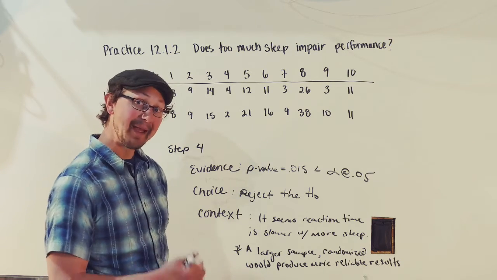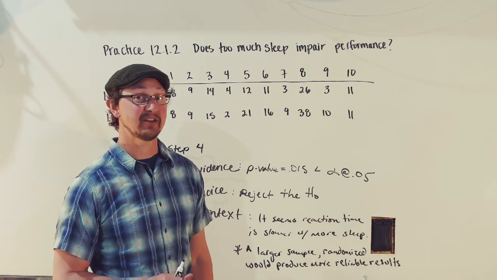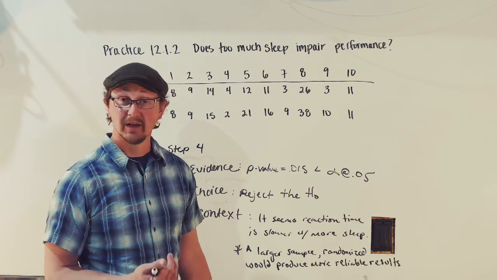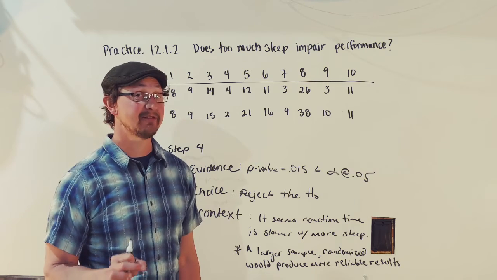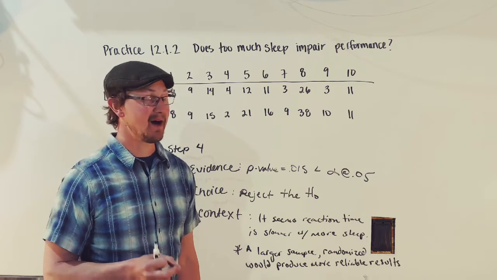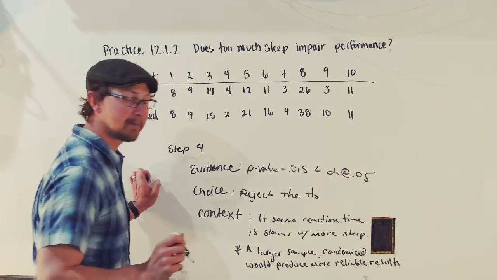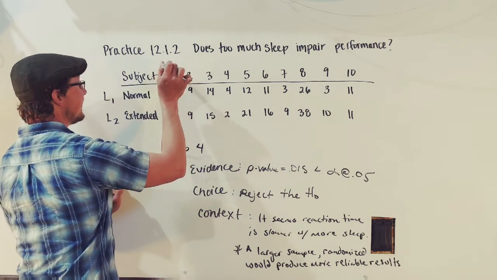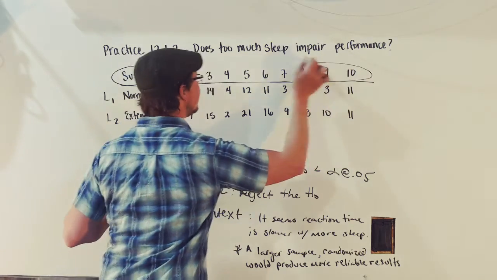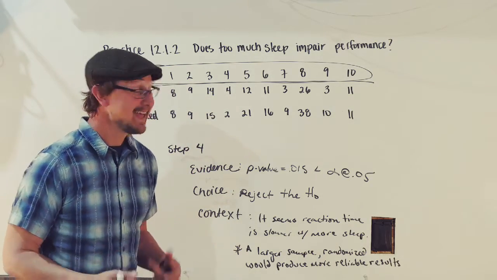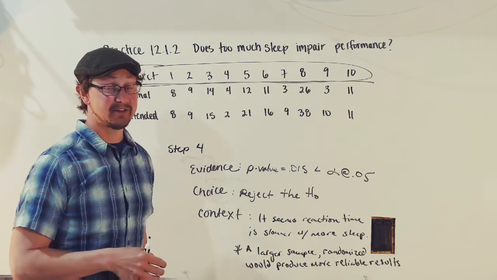All right, so there it is, a paired test. Pay attention to what data you put into L1 and L2 and which way we're subtracting and how that affects your alternative hypothesis. As an aside, however, I've seen this before in the past. The subjects, this stuff right here, subject 1, 2, 3, 4, 5, 6, 7, 8, 9, 10, this does not go into your data set.